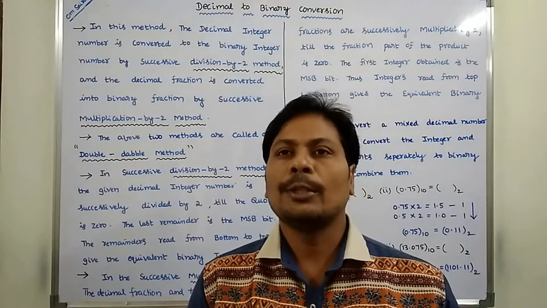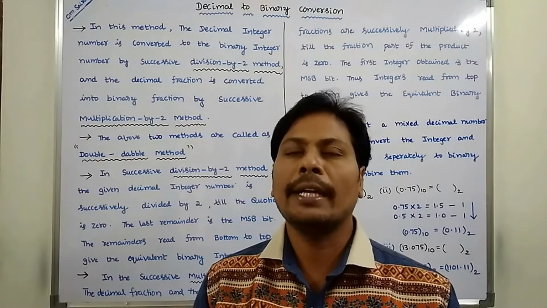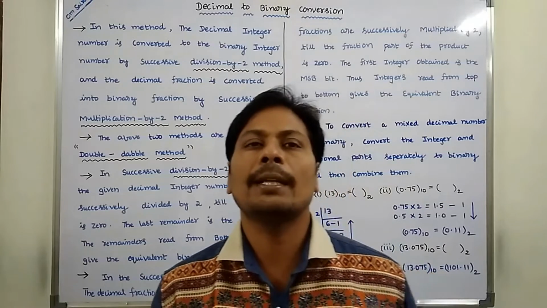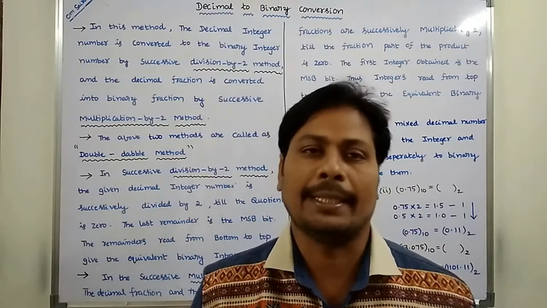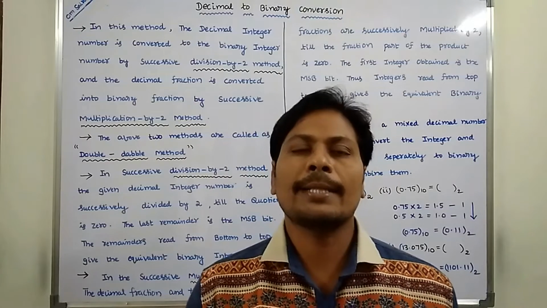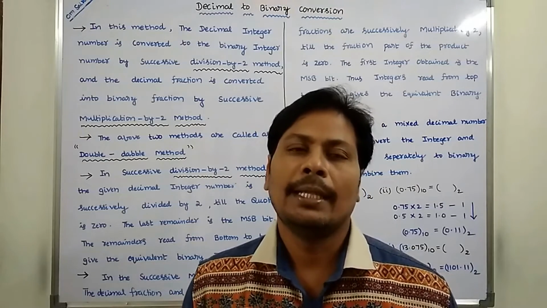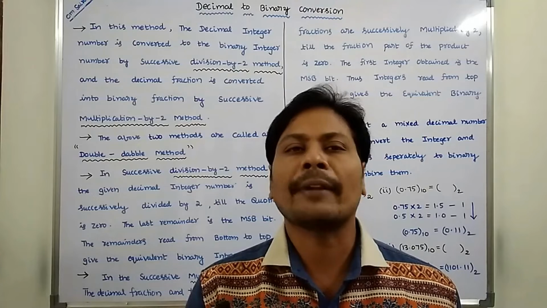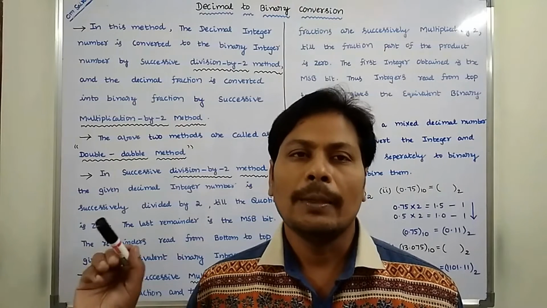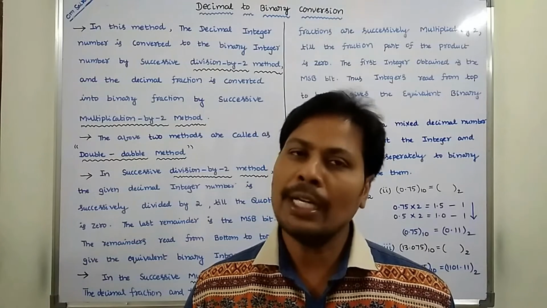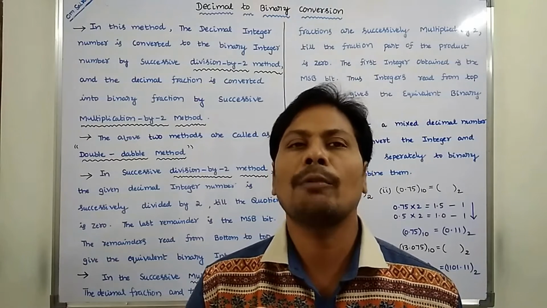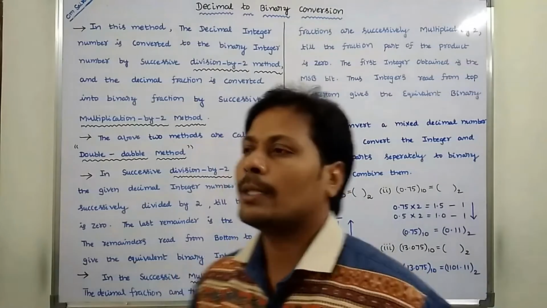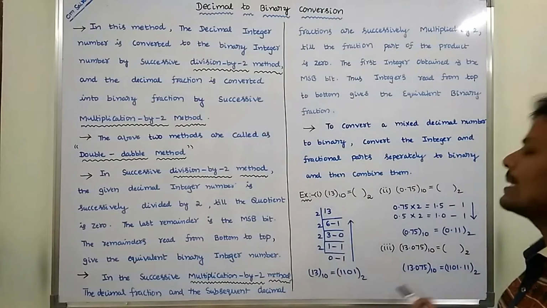The second method, successive multiplication by 2, is used for converting the given decimal fraction number into the equivalent binary fraction number. Now let us observe an example.